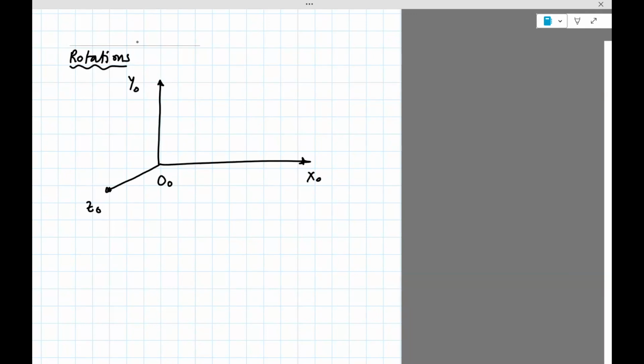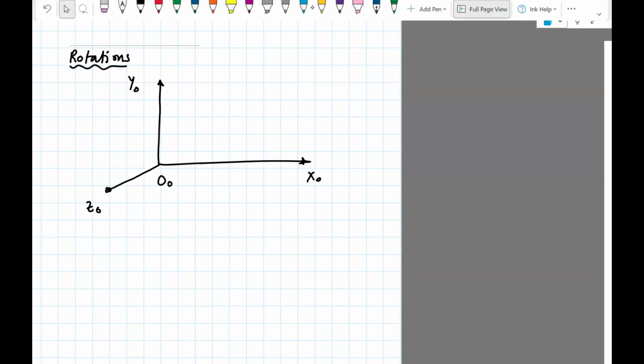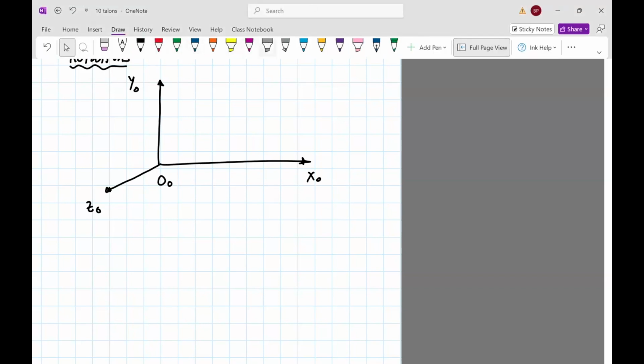What we do is similar to translation, where we take the moving frame and we just translate it. Here we'll take the frame and rotate it. So there is another frame on top of this frame, which is superimposed on frame 0. So what we'll do is we'll rotate this.